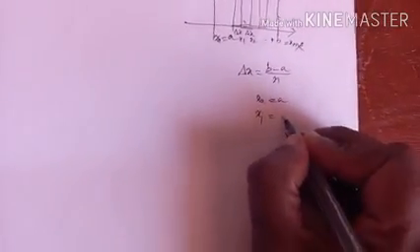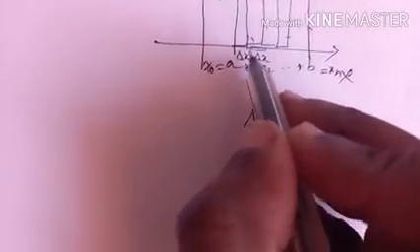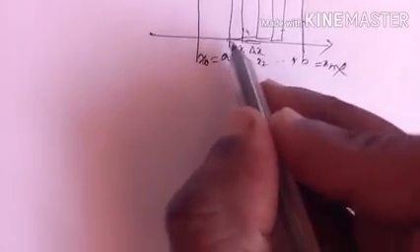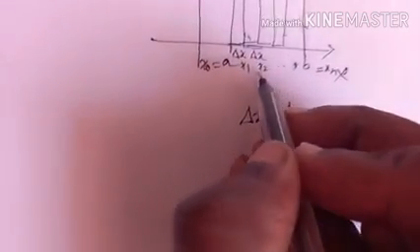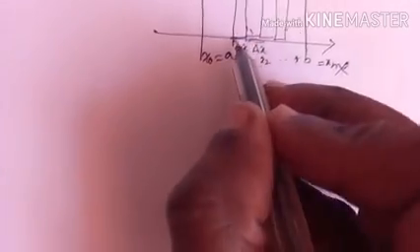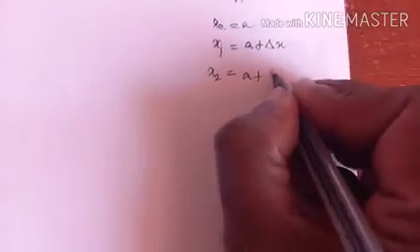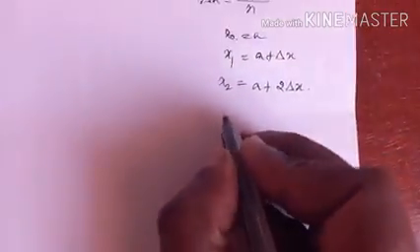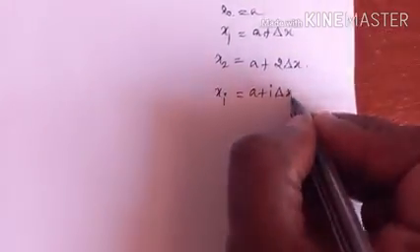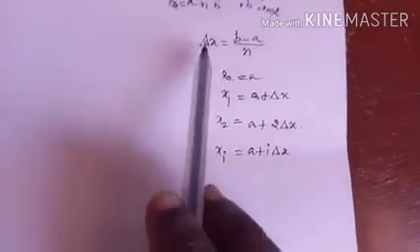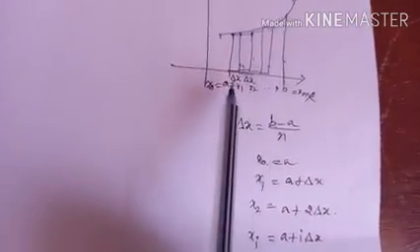Hence x1 is a plus delta x. x2 is equal to a plus 2 times delta x. Hence in general, xi is equal to a plus i into delta x. So you know what is delta x and what is xi. Delta x is b minus a by the number of intervals.